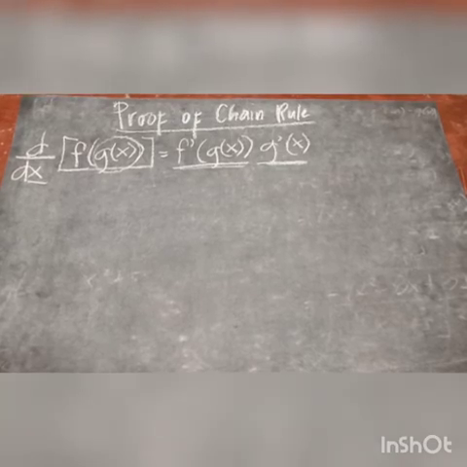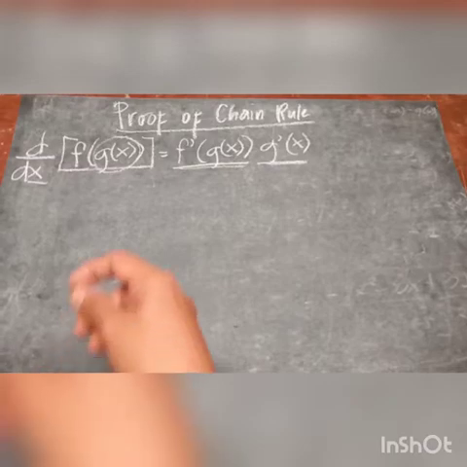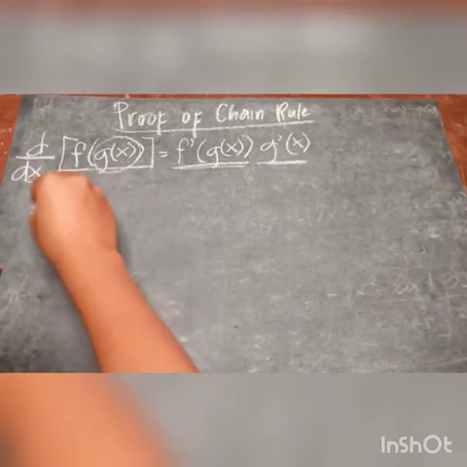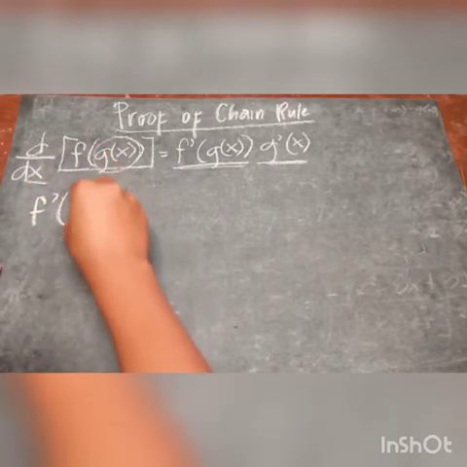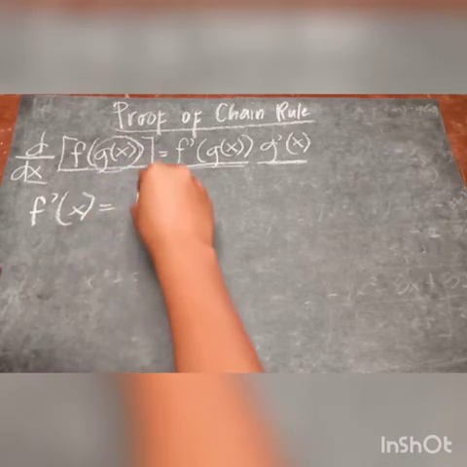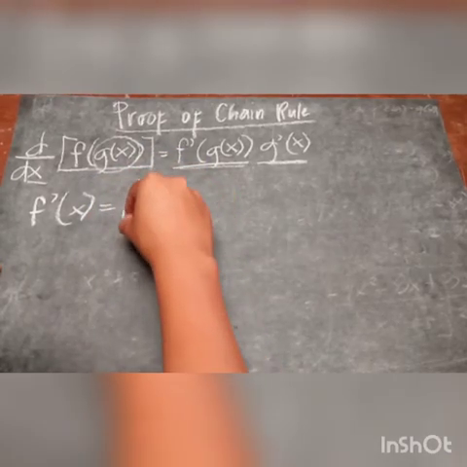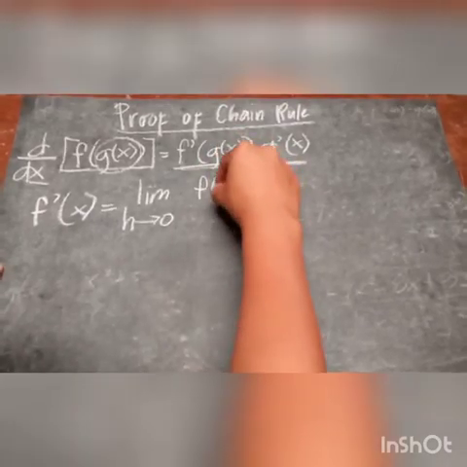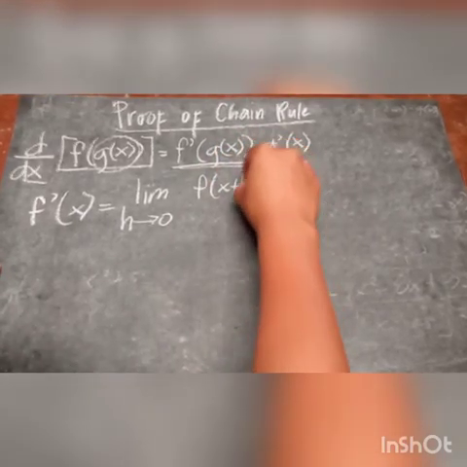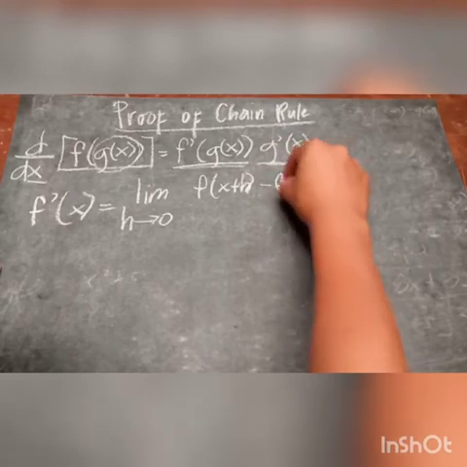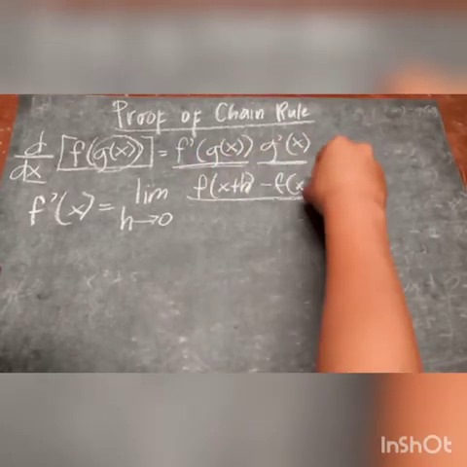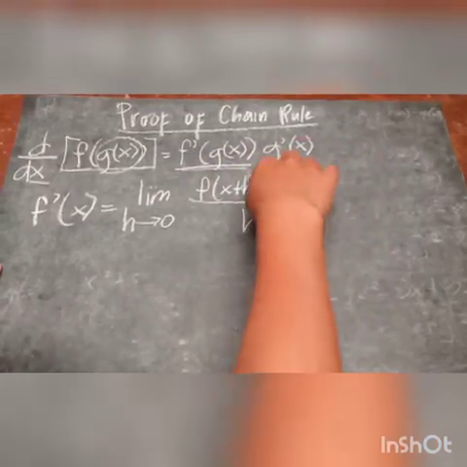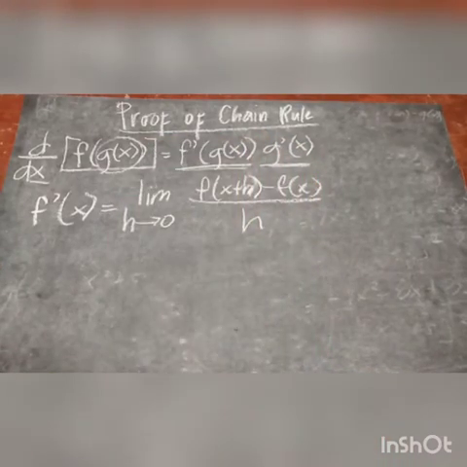To begin the proof, we apply the limit definition of derivatives, which is f prime of x is equal to the limit as h approaches 0 of f of x plus h minus f of x, all over h.